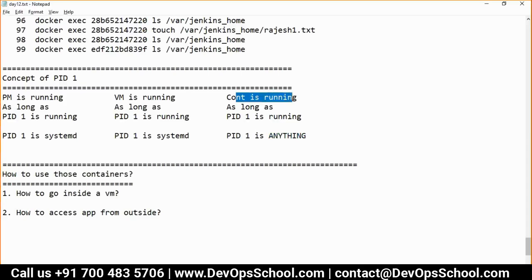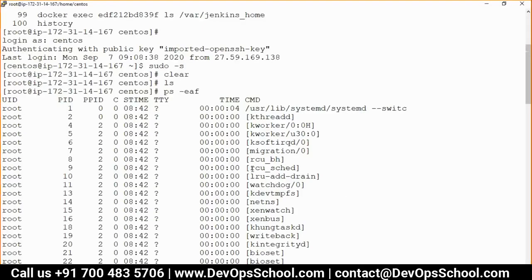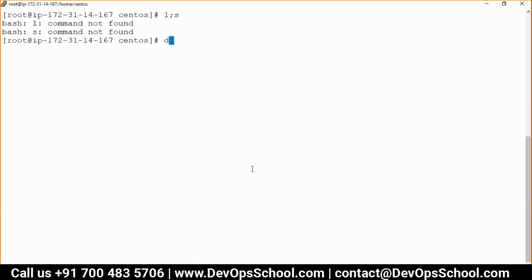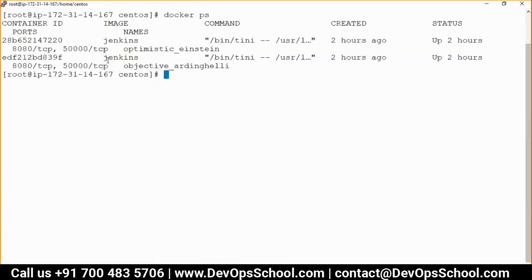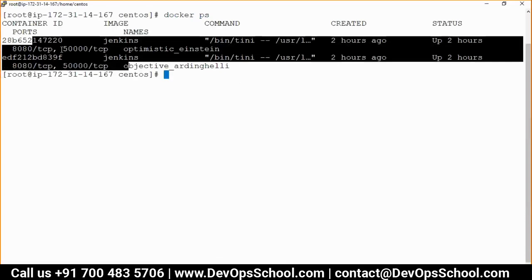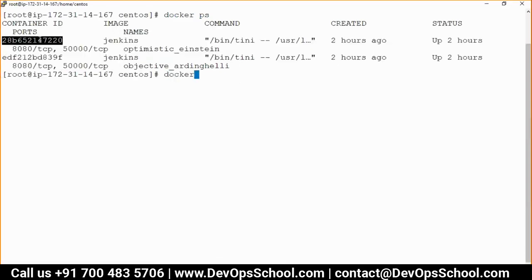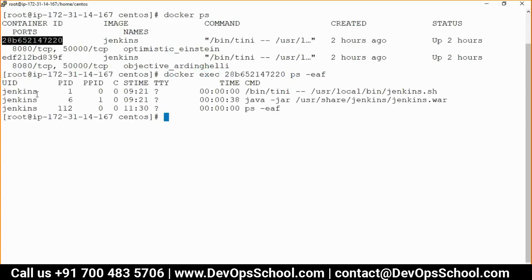So now, how many containers do I have? Look at this here. Docker ps. I have two Jenkins containers, right? Docker exec into this container and run ps -ef. See? PID1 is this one.